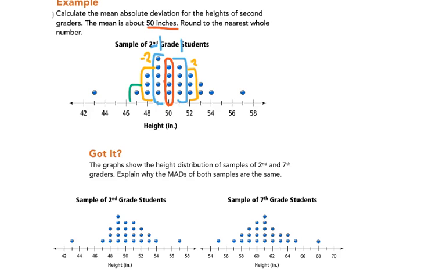This one is 3 away in the negative direction. These are 3 away in the positive direction. This is 4 away in the positive direction. This one is 7 away in the positive direction. And over here, this one is 7 away in the negative direction.